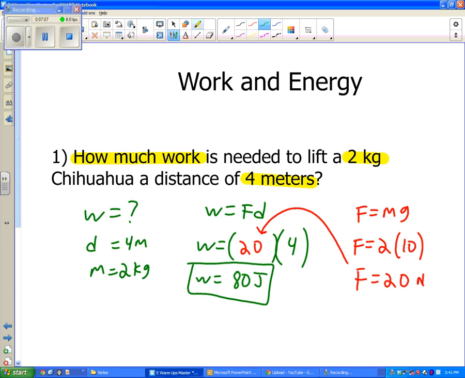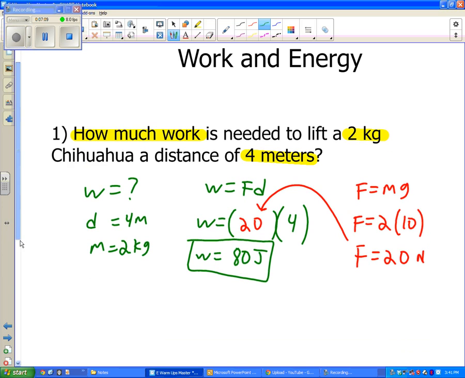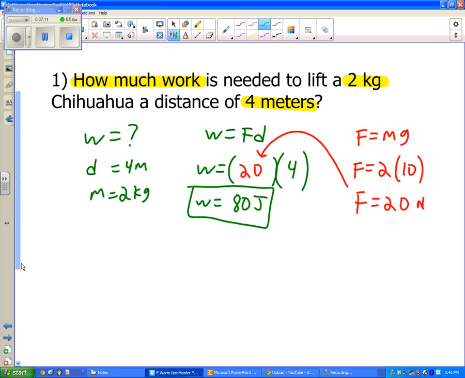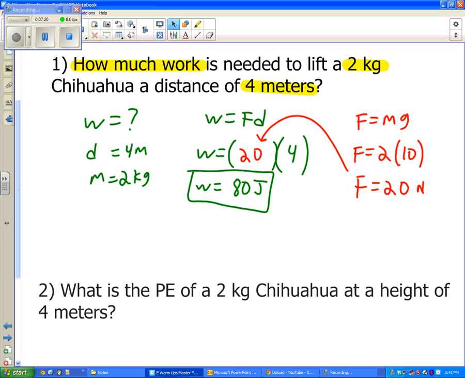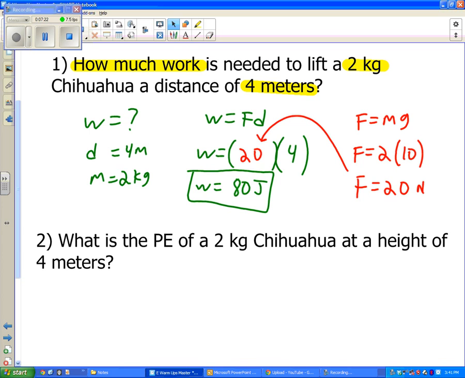So how does this relate to energy? This is something we haven't really talked about yet, so that's why I want to do it now. I want to explain a little bit. All right, so this question: what is the potential energy of the same chihuahua, 2 kilograms, with a height of 4 meters? Same chihuahua, same height, everything's the same.